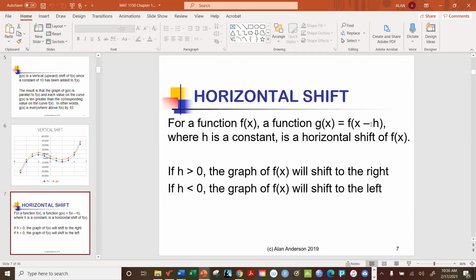Notice we're not adding or subtracting a constant to the whole function. For each x, we're either adding or subtracting this constant h. I think they chose h to remind you that this is horizontal. Surprisingly enough, if that h is positive, the entire curve will actually shift to the right. And if it's negative, the entire curve will shift to the left.